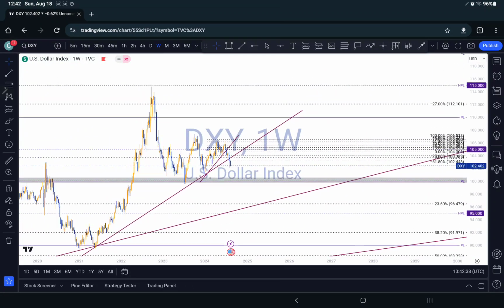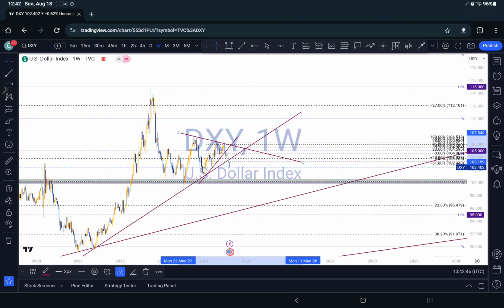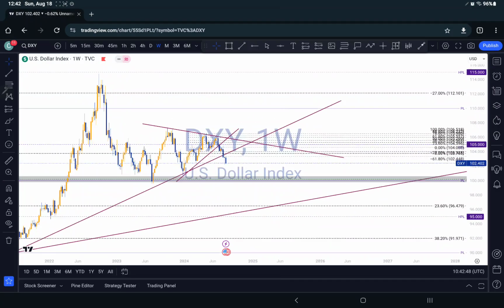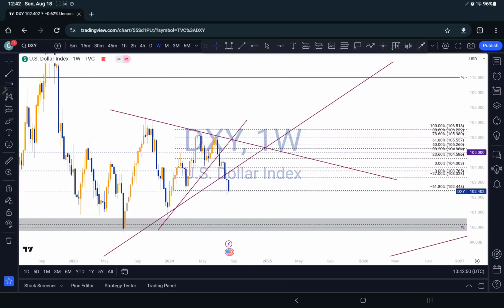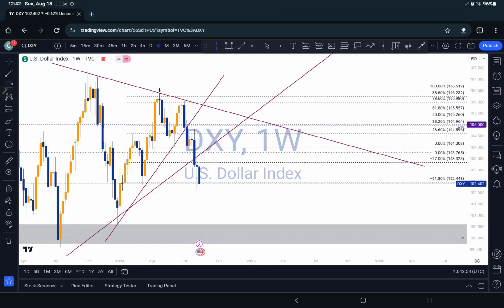Right here, I can draw a zone and a trend line, just to indicate that the market is in a sort of downtrend. So based on my previous analysis right here, I have this impulse correction rejected around the 78.6% fib level before tanking to the downside.